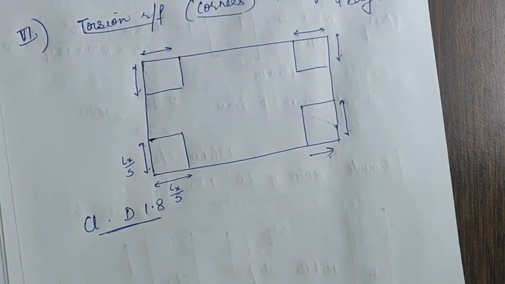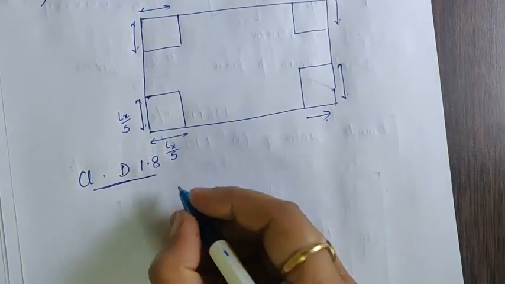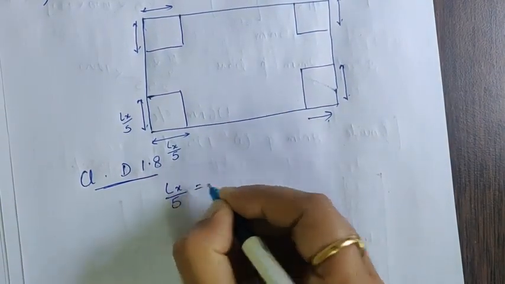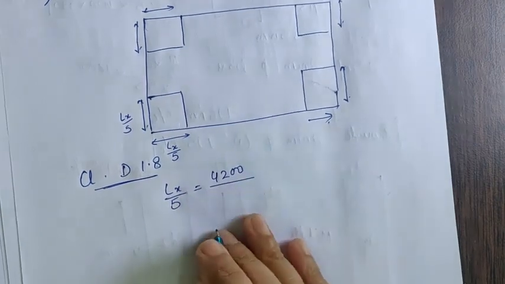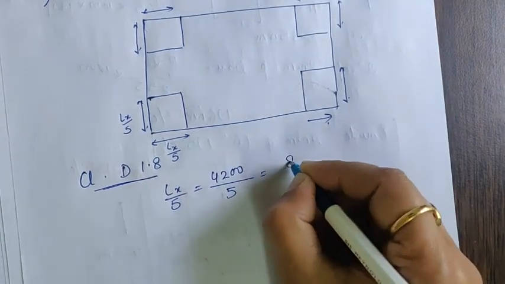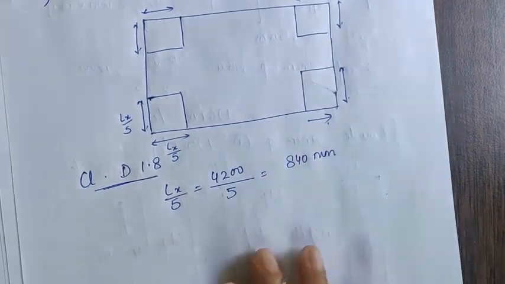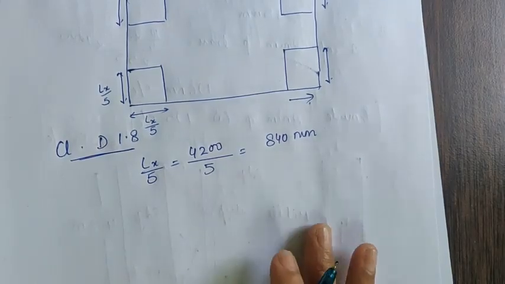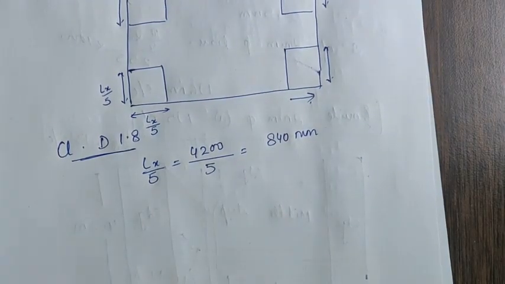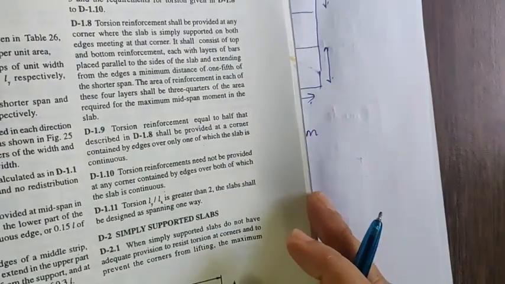So length of the reinforcement will be Lx by 5. My Lx was 4200 upon 5, it is coming out to be 840 millimeters. Then how much is the reinforcement that should be provided?